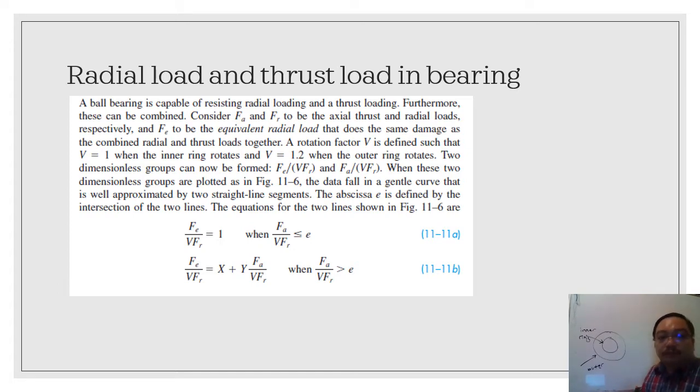A ball bearing is capable of resisting radial load and thrust loading. Furthermore, it can be a combined radial load and thrust load. Consider Fa equals the axial thrust and Fr equals the radial load.